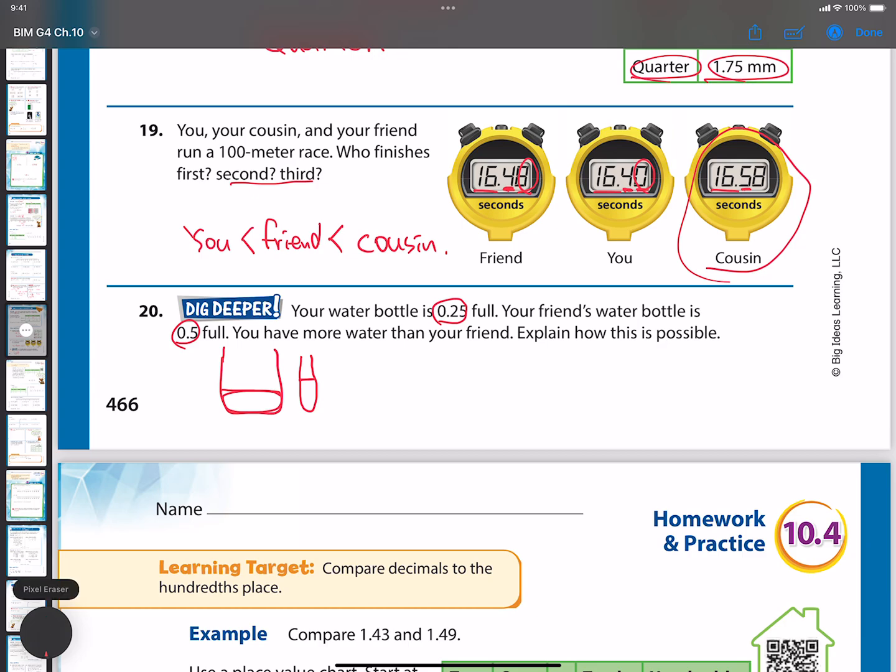Okay, so maybe you can say the water bottle size is different.